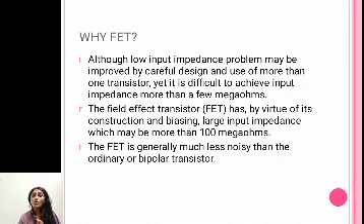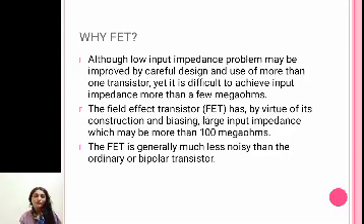Now, the problem of the ordinary transistor having low input impedance, we can solve maybe by improving the design of that particular ordinary transistor and by using more than one transistor. But still, it is very difficult to achieve input impedance of more than a few mega ohms.